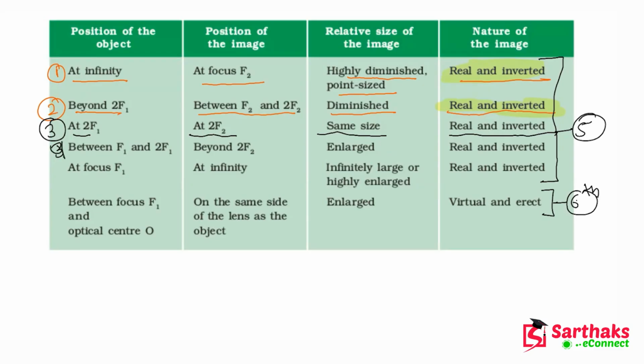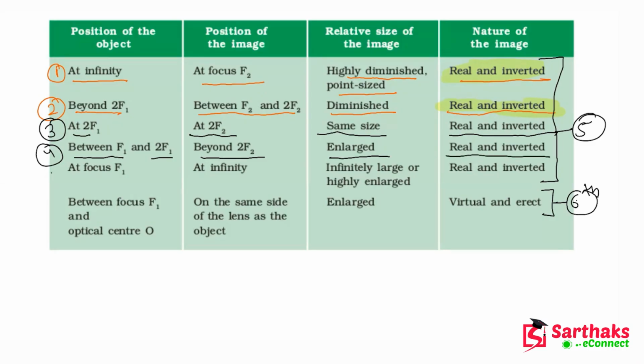Now let's talk about the case number 4th. In this case, what we had done, we had placed the object between f1 and 2f1. So in this case, the position of the image is beyond 2f2 and the size of the image is enlarged, and it is also real and inverted.